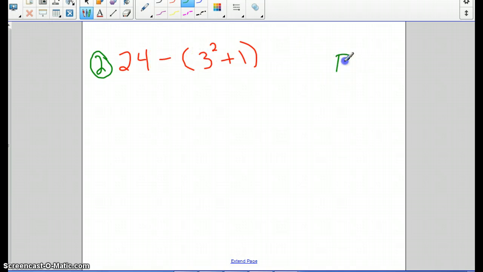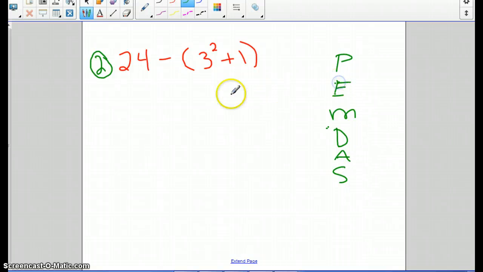In this one, again, I'm going to put PEMDAS over here just to guide us as we work through the problem. Alright, so parentheses. In the parentheses here, we've got a couple things going on. Once we get inside the parentheses, we want to apply the order of operations again. The next thing in there would be exponents, so this part here would get simplified first.